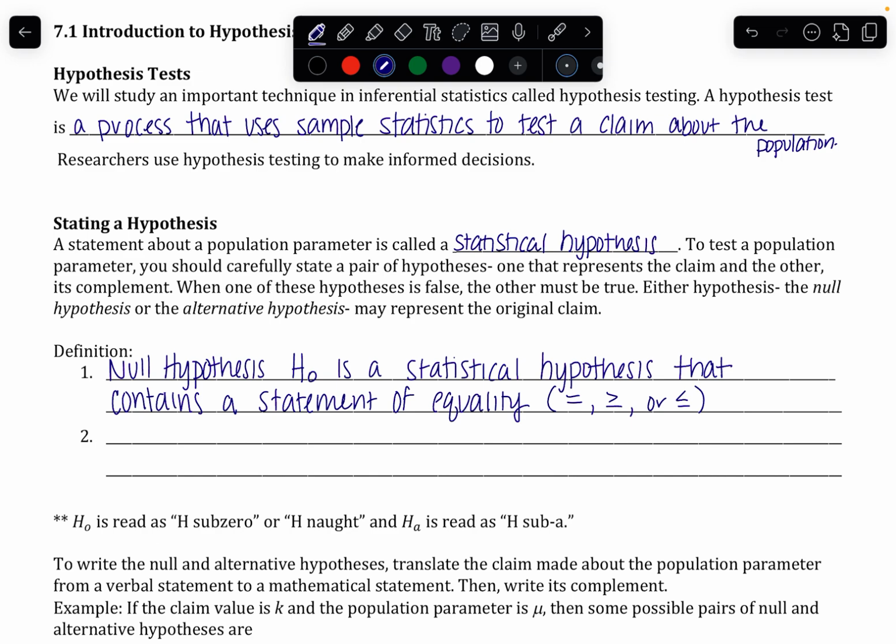Our second one is the alternative hypothesis. We use H with a subscript of a lowercase a. It is the complement of the null hypothesis.